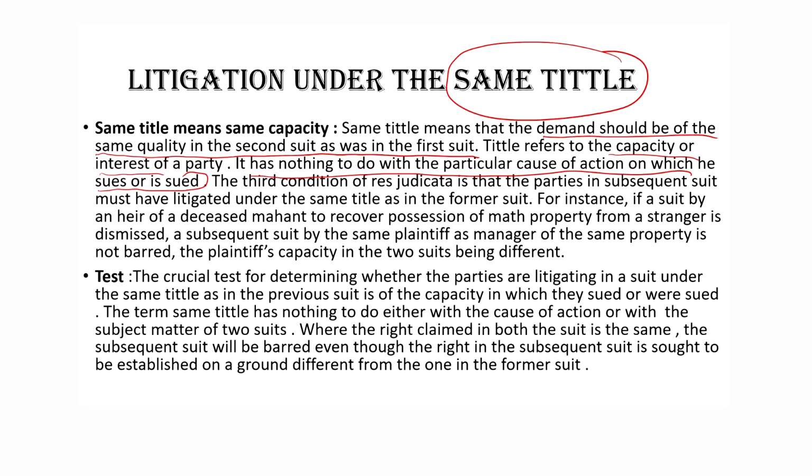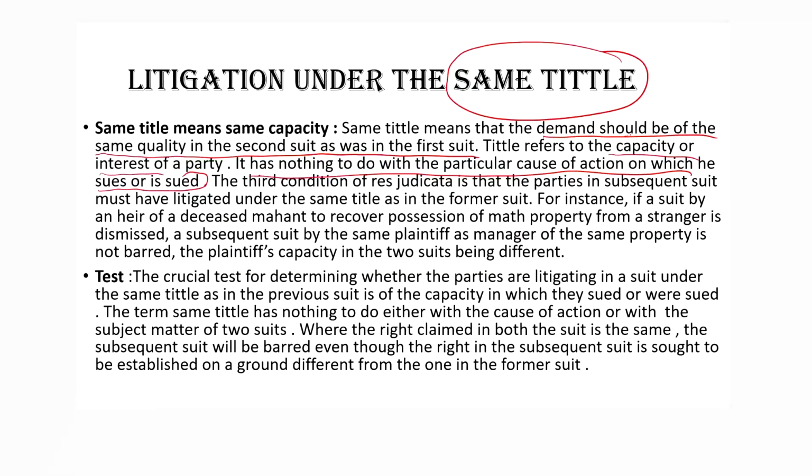The criterion is whether the demand is of the same quality or not. So, on the basis of demand, what you are claiming through your plaint, that will decide whether the matter is based on the same title or not. Keep this in your mind, demand should be of the same quality.